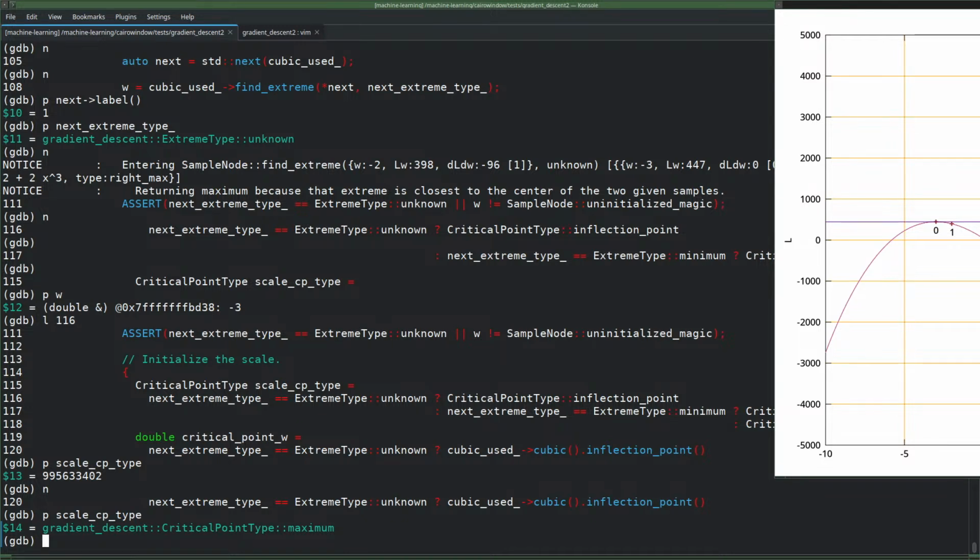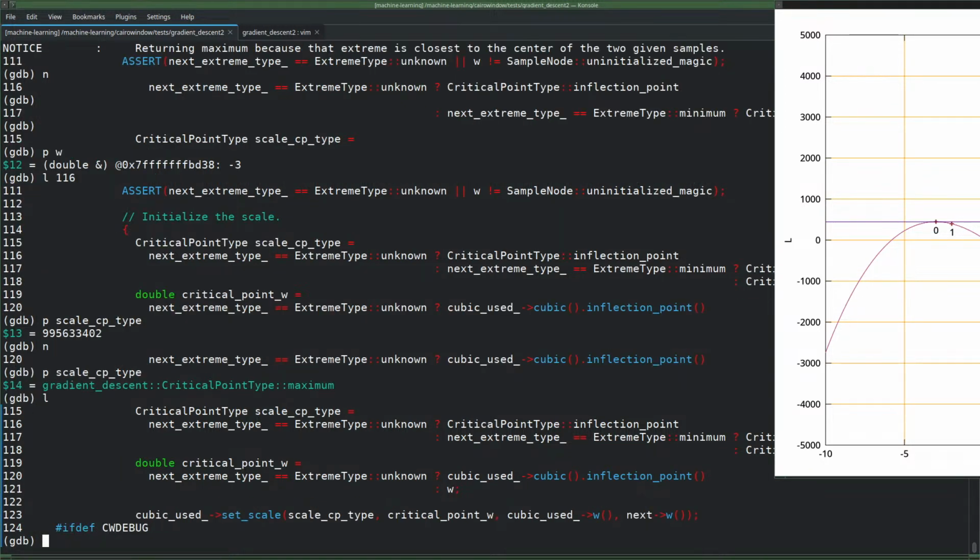Maximum, yeah, that's correct. The next extreme type, no, this is a critical point.